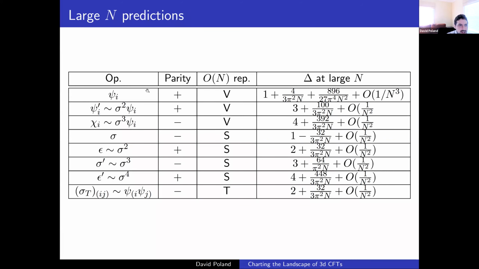Let me draw your attention to the fermion in the theory, which starts at 1 plus 1 over n corrections, and the leading parity odd scalar in the theory, sigma, which starts at 1 minus 1 over n corrections. And then the other low dimension operators: the leading parity even scalar, which starts at 2, and the leading parity odd 2-index tensor, which also starts at 2.